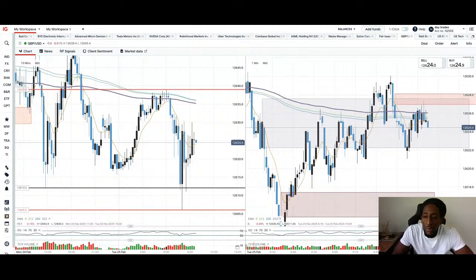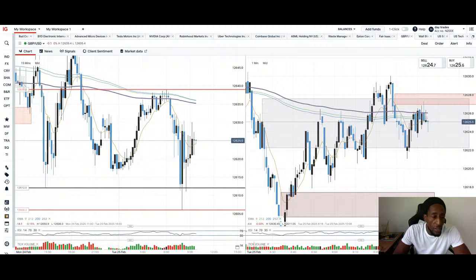We're entering now, 5 pip. All right, we're in, 5 pip stop loss. I'm looking for a 15 pip gain. Whatever happens, it is what it is. The market's giving me short vibes. It might take me out and go higher. But we're cool with that.